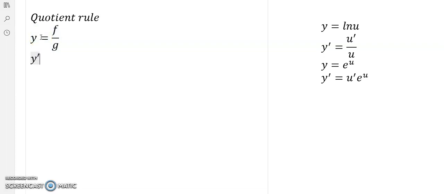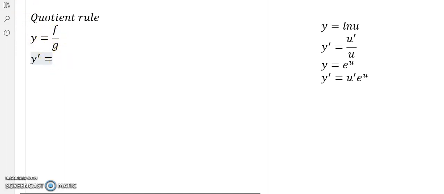Okay, let's derivate y. To derivate y, we're gonna do it like this: we will keep the denominator g constant, and derivating f.